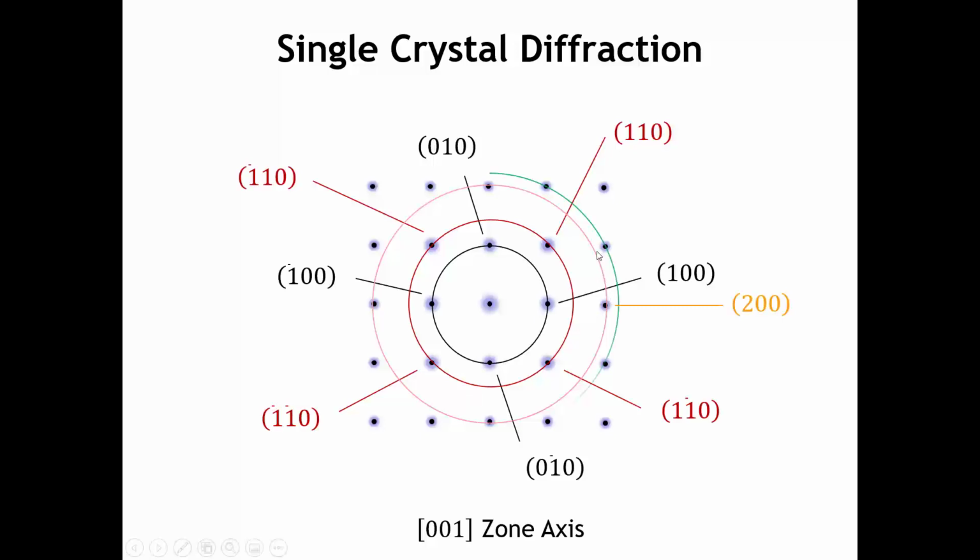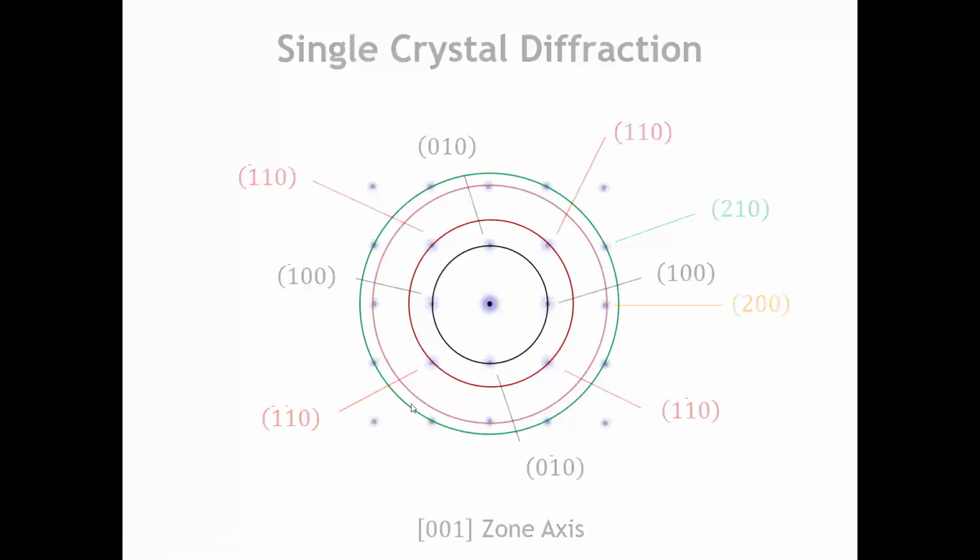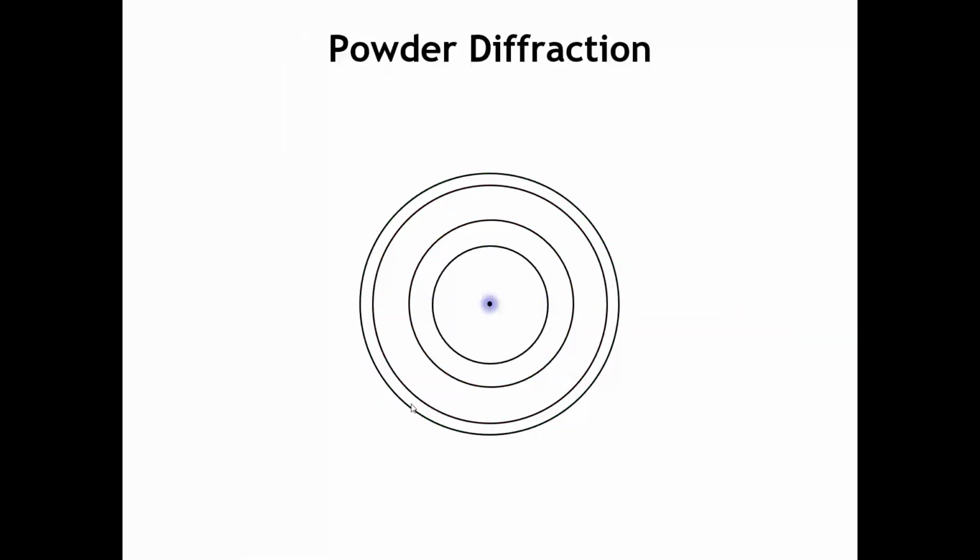Then you have a ring at yet a higher distance out from the origin, which intersects the 200, the 020, the 2 bar 00, and the 02 bar 0 peaks. Then we have this green ring, which intersects the 210 peaks. In a powder diffraction pattern, we're not going to see those spots.